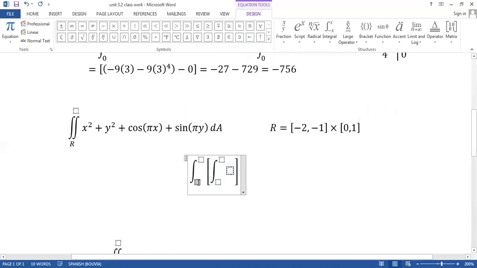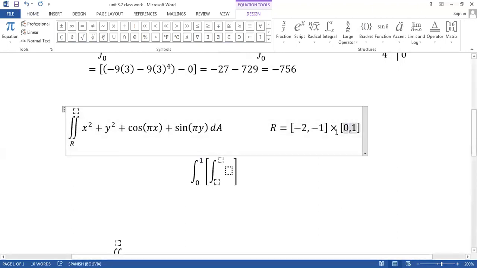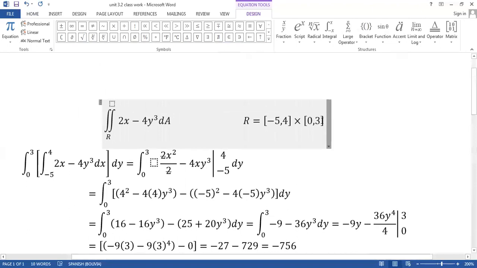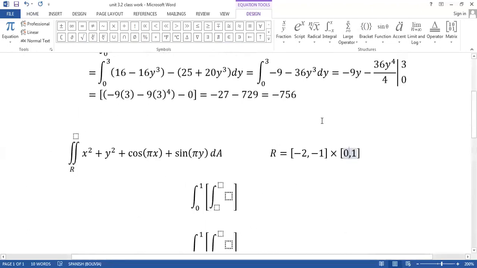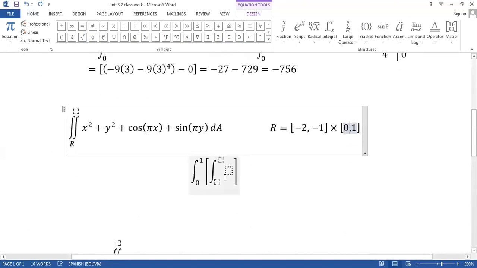Alright. How am I going to do this one? I'm going to do 0 to 1, which means that my y is going to be my outside function. Why am I always choosing y as my outside function? Anyway.